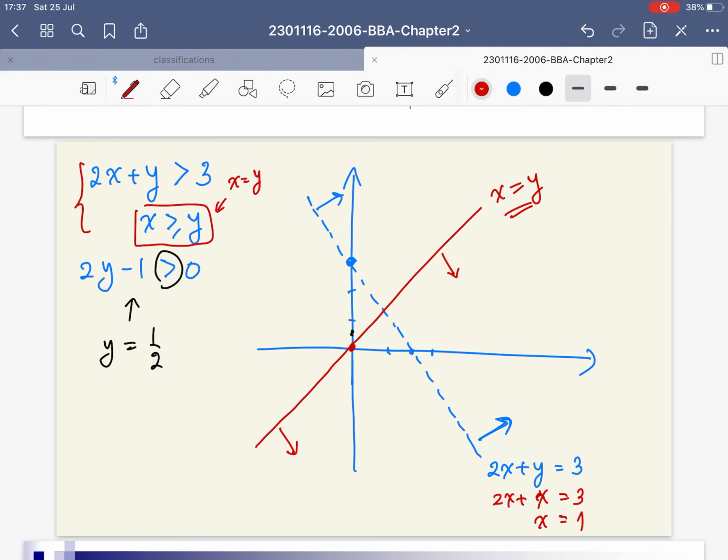So your x is 1, and because x and y are equal, your y is also 1. So here is the point (1, 1). Of course 1/2 will be below (1, 1), since this one is y equals 1/2. We just need to know whether it is below, above, or passing through that intersection. Now we know that it is really below.